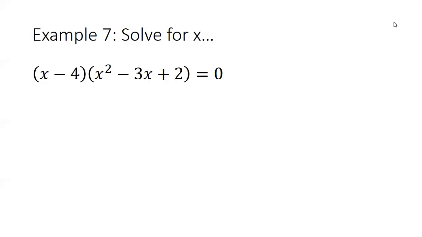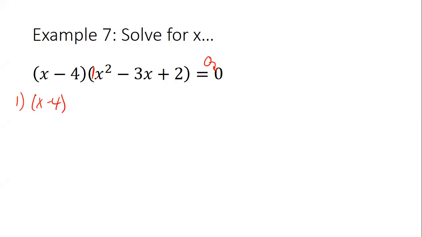Let's walk through it. So step 0 is satisfied, right? It equals 0. So step 0 is good. Yes? Step 1, is it fully factored? No, x minus 4 is good, but what's the problem with the other one? It can break down a little bit more, right? This is what we call a simple trinomial. Why is it simple?